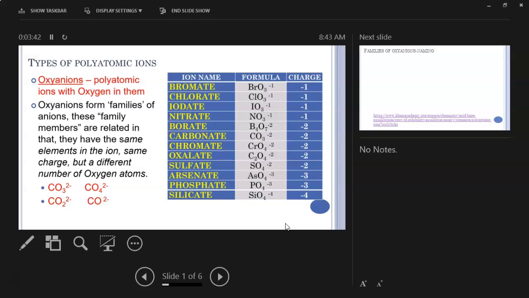Oxyanions form families of anions. These family members are related in that they have the same elements and the same charge, but they're different because they have a different number of oxygen atoms. The family members will always have the same charge and the same elements, but their oxygen number is going to be different.